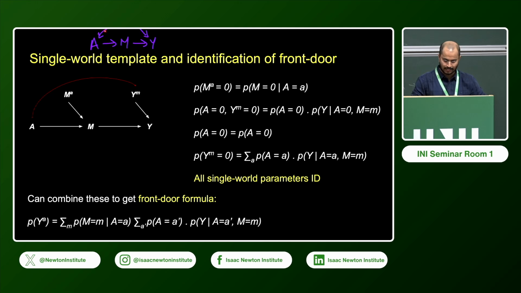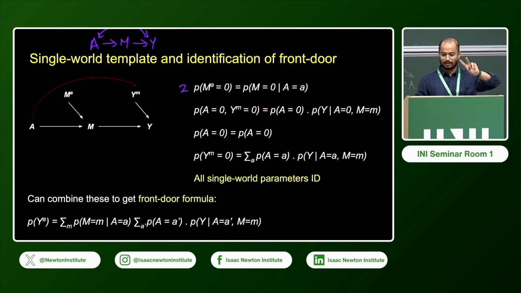And then we're saying that P of M given A equals A corresponds to this post-intervention distribution. What you'll notice is that depending on the value of A, I could get two different probabilities. If A is equal to 0, this is one quantity. If A is equal to 1, this could be a distinct quantity. So this is actually two parameters.